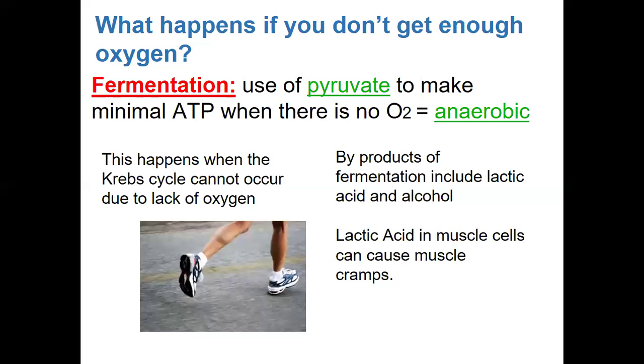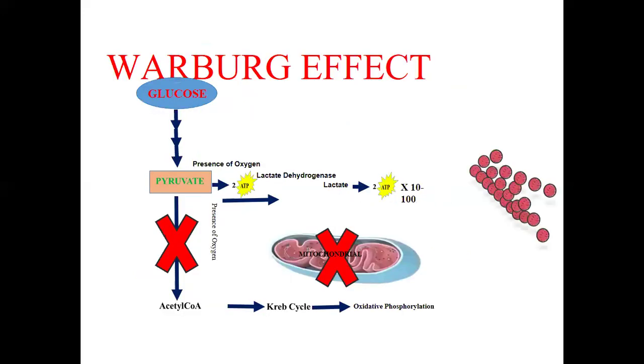At this point, the Krebs cycle cannot occur due to lack of oxygen. The lactic acid in the muscle can cause muscle cramps, so accumulation of lactate in the muscle cells can lead to muscle cramp.